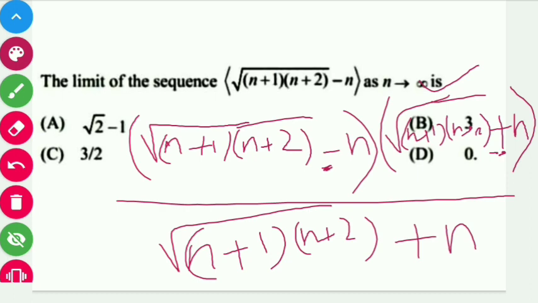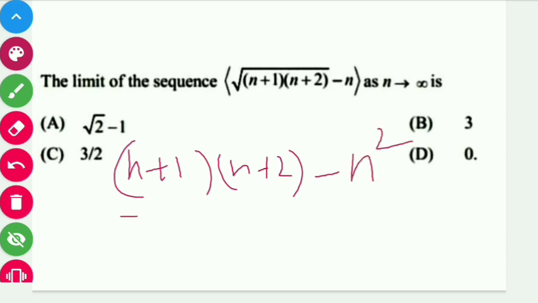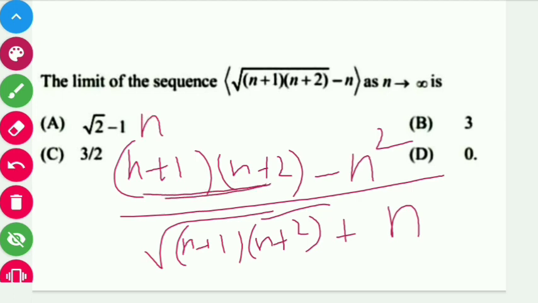So just multiply these two brackets, we get n plus 1 n plus 2 minus n square, divided by root of n plus 1 n plus 2 plus n, right? Now just simplify this. So this is just equal to n square plus n plus 2n, so this is 3n plus 2 and this is minus n square, right?